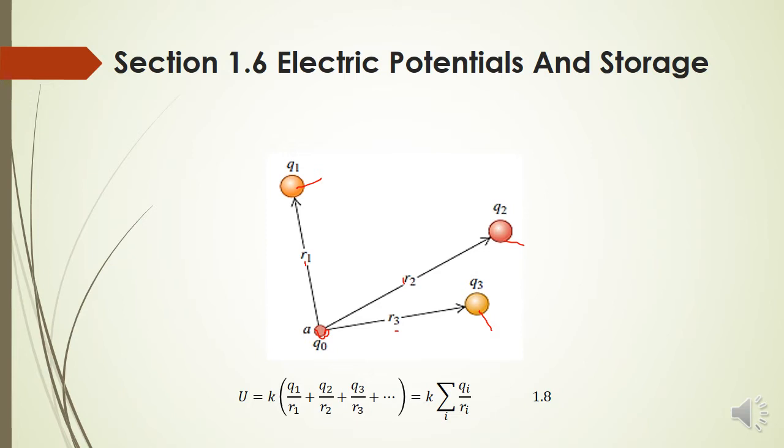We conclude that the potential energy associated with the test charge at point A in this figure is the algebraic sum, and it is not in a vector form. So the algebraic sum of this figure is equal to this equation 1.8 from your handouts. And we can represent any charge distribution as a collection of point charges. For every electric field due to static charge distribution, the force exerted by that field is conservative.